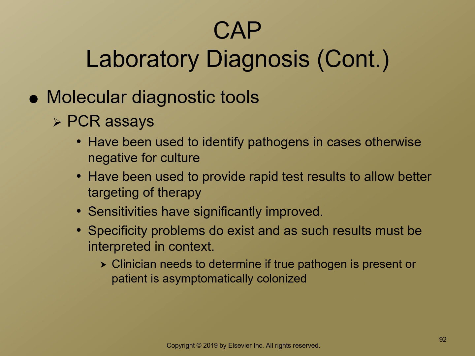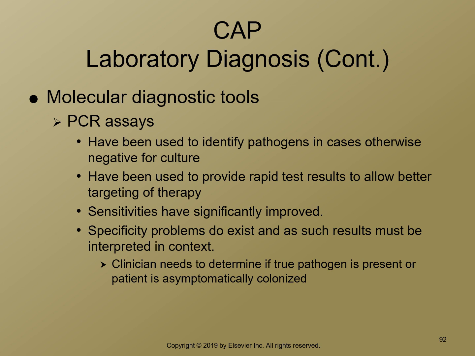As mentioned previously, molecular diagnostic tools such as PCR have been used to identify pathogens in cases in which cultures are negative and or to provide rapid test results to allow better targeting of therapy. Many times, these PCR assays are routinely used as a panel or a battery of the most common respiratory pathogens.